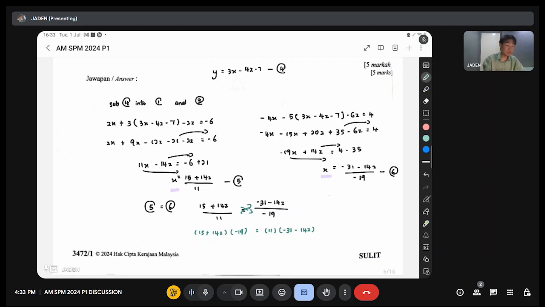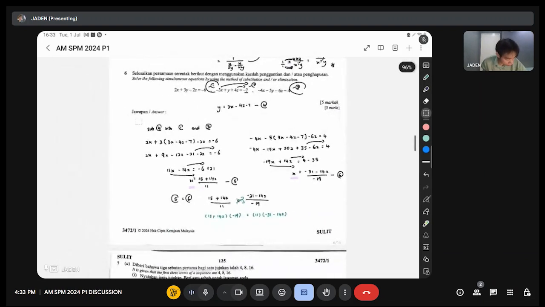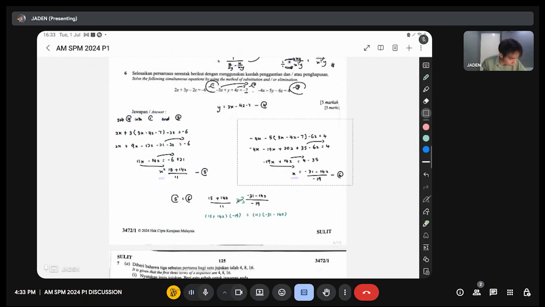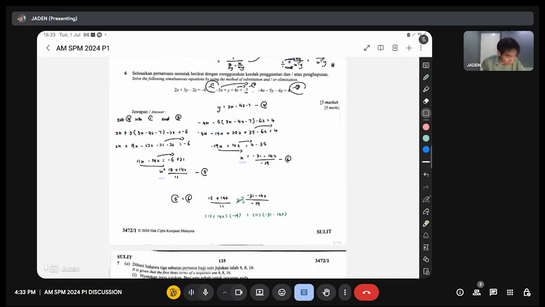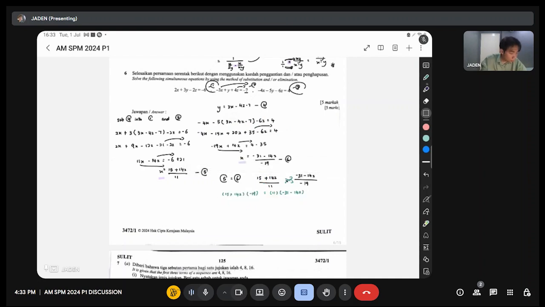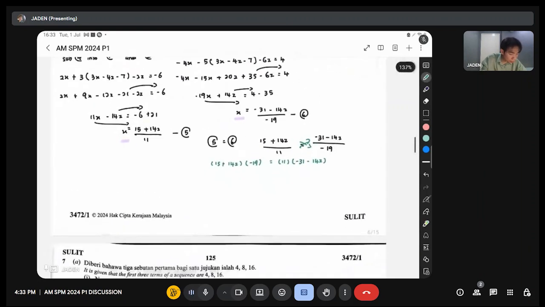All right, I'm running out of space already. I will consider to move this up a bit, move this left a bit, so that I have some space to continue on top here. Okay, all right, let me continue from here.